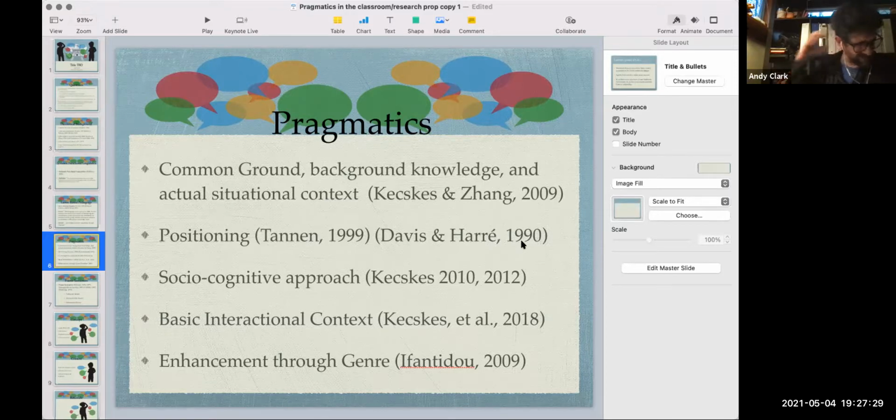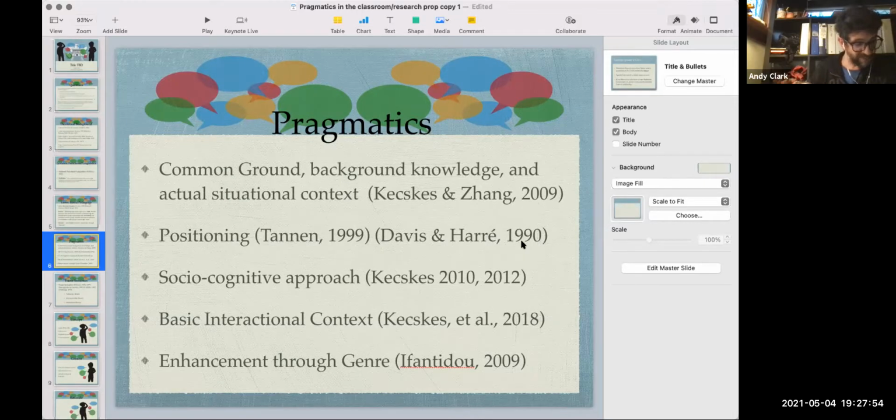Alignment allows us to frame things, or as Davis and Harris explain positioning theories, they say it's a discursive practice through which each participant positions the other, positions themselves, and all this is happening while being positioned. Their engagement in the conversation conveys an interactional meaning while they negotiate identities for themselves and for the world around them.